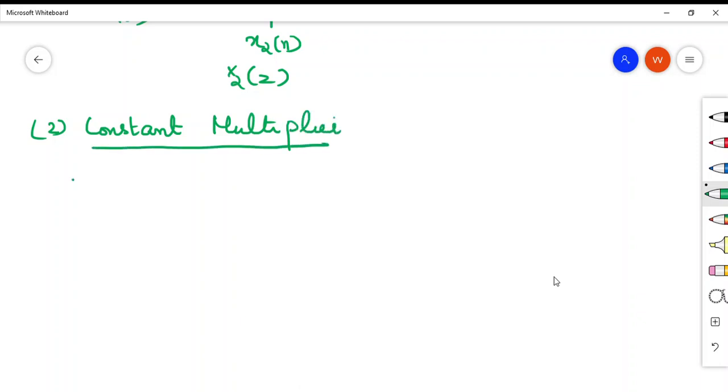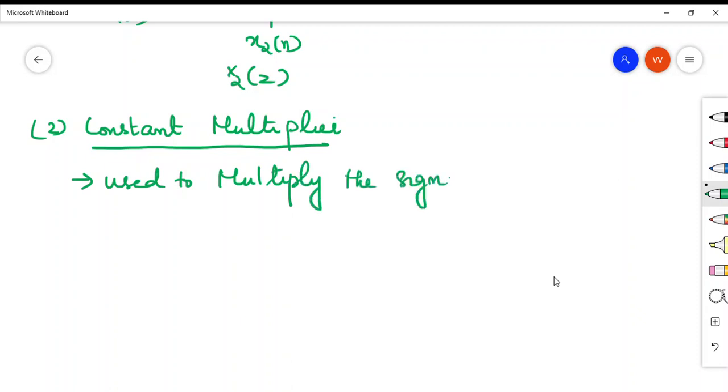Now, constant multiplier is used to multiply the signals with a constant. Now, this is represented using this symbol. So, let k be a constant.